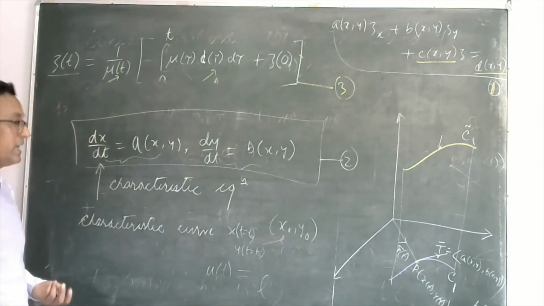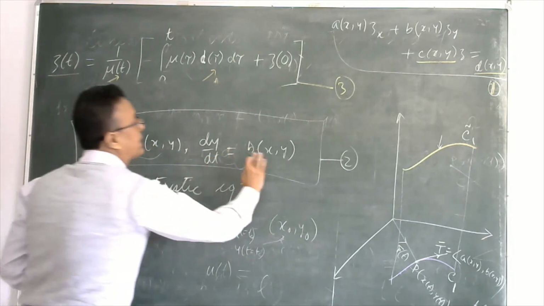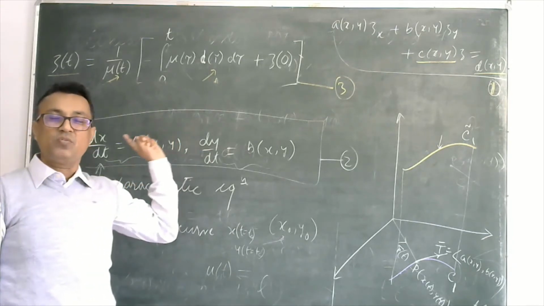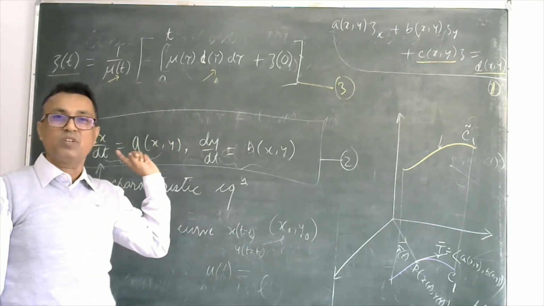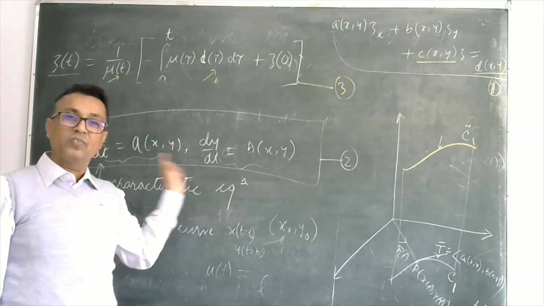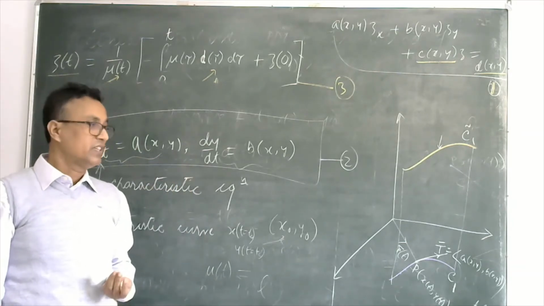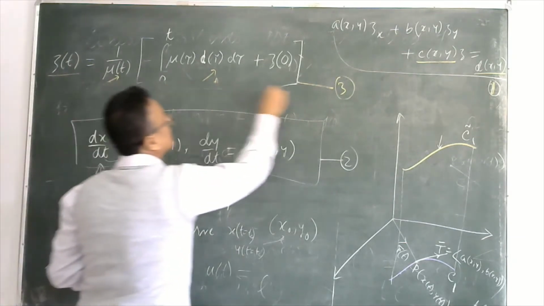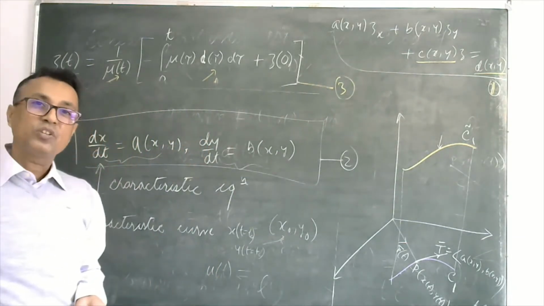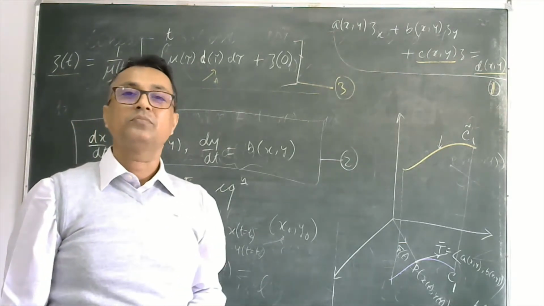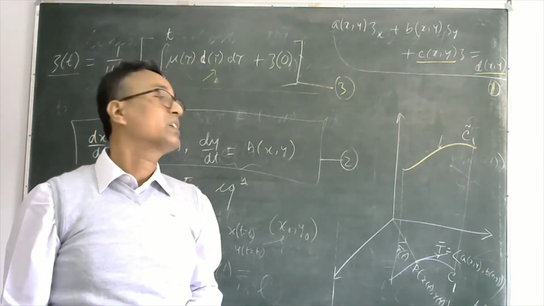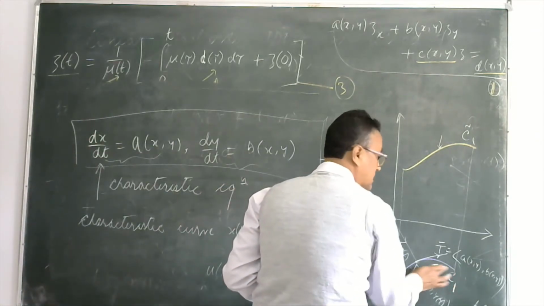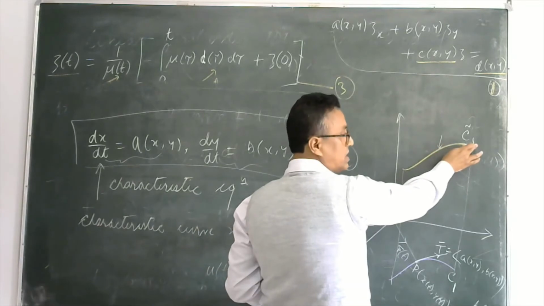Then if your right-hand sides are continuous, or satisfy the Lipschitz condition, a unique solution exists. So the curve you get is going to be a unique curve. Every characteristic curve defines a unique curve.